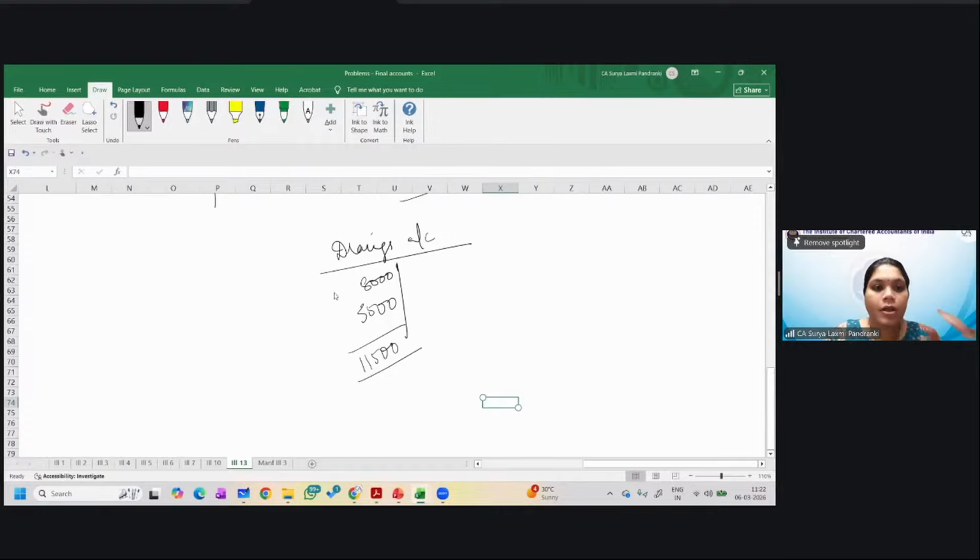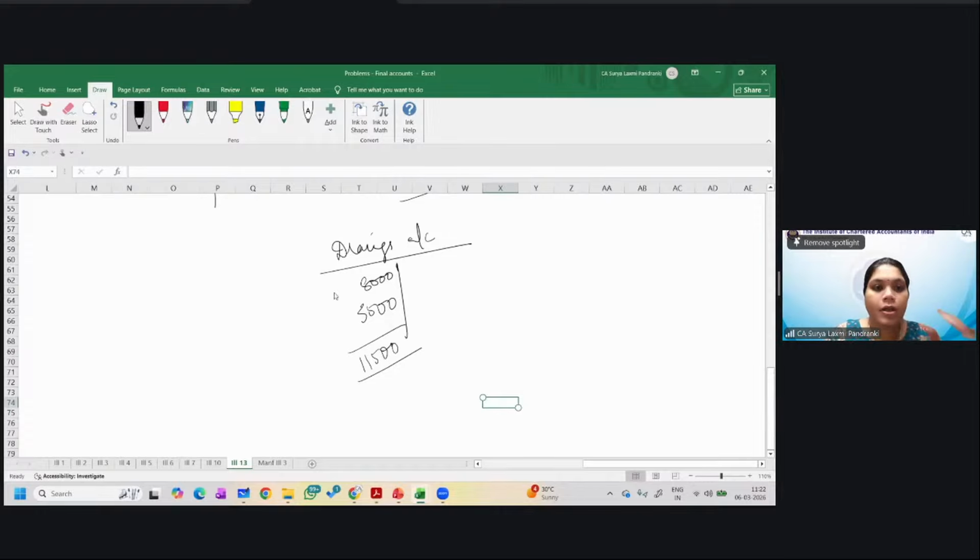Okay. Now let us move to the trading account. What are we going to start with in the trading account? The trading account has to be started with opening stock.